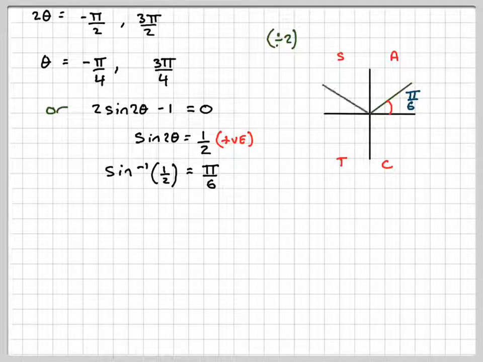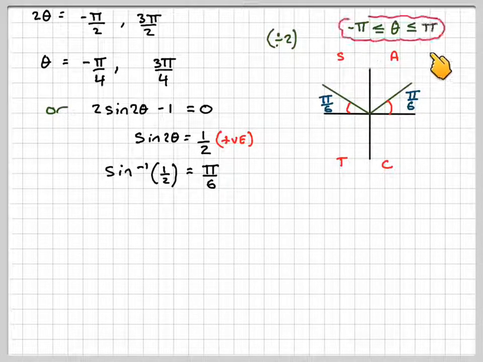So this is pi by 6, this is pi by 6. Now remember, we're solving between minus pi and pi, but for 2θ we need to go from minus 2 pi to 2 pi, so we need to go all the way around here.